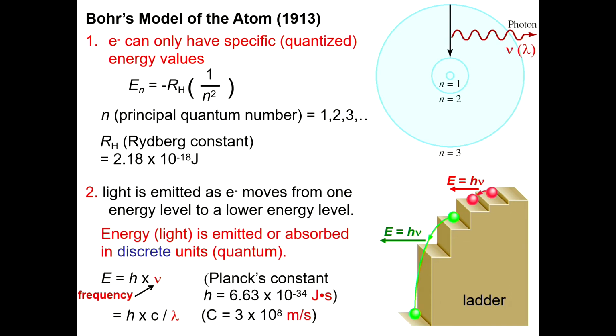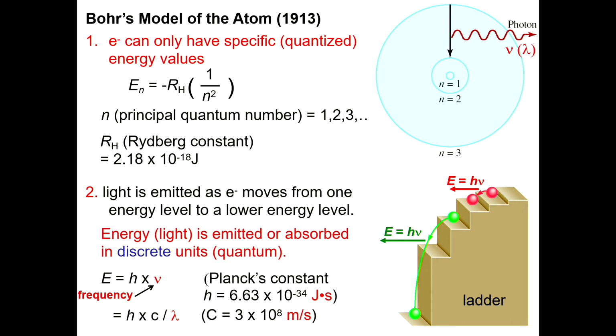What does this mean? It's like this ladder, right? The electron can only go from this ladder step to this ladder step. Okay, it's like from here to here. It can't move from here to here, no. Because it can only move from one orbital to another orbital.